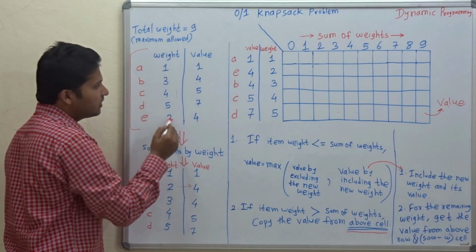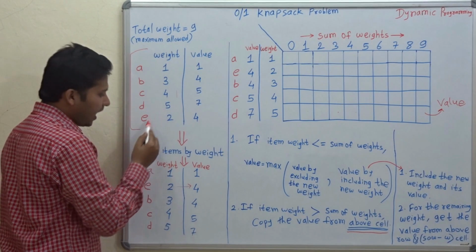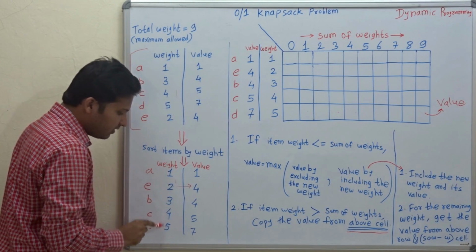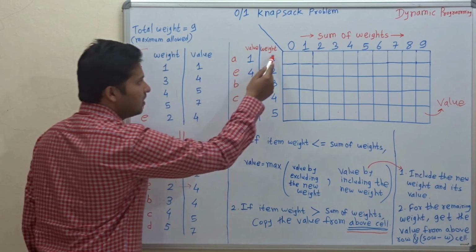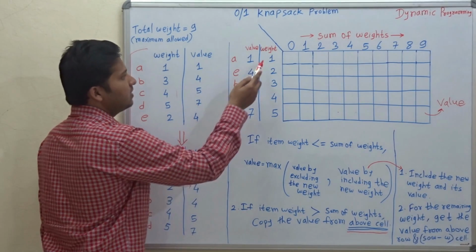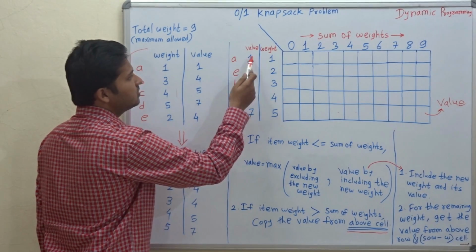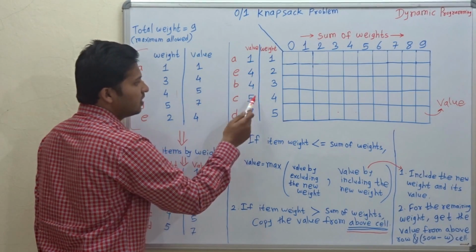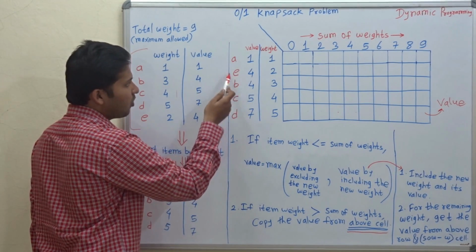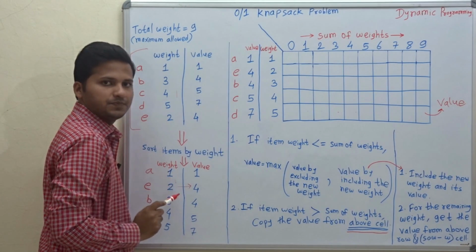These are the weights given in the question, and we have sorted the weights, and we have to write these sorted weights here for the rows. Okay, and for reference I have written the respective values in this column and the names of the weights.